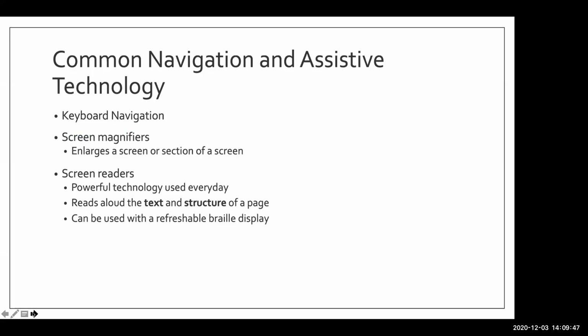But before we get to that, I wanted to talk a bit about some common navigation and assistive technologies, which will come up when we talk about certain principles. So keyboard navigation, this is an important baseline to digital accessibility.